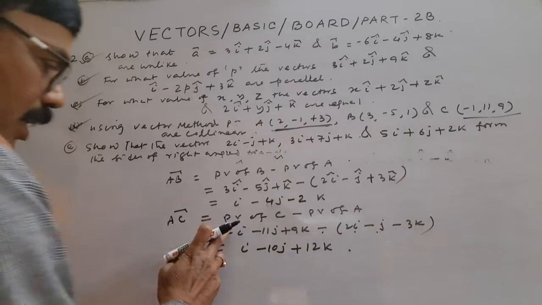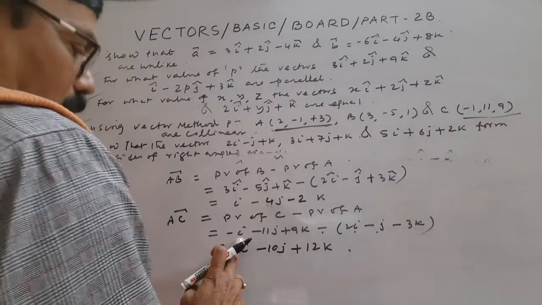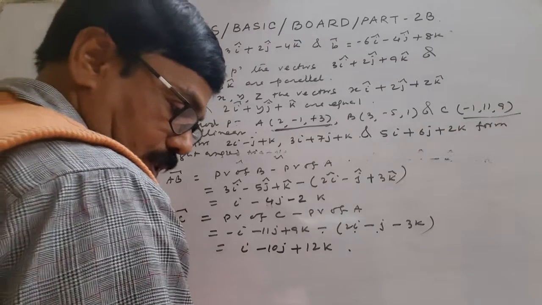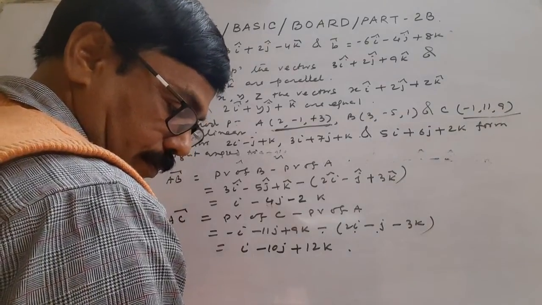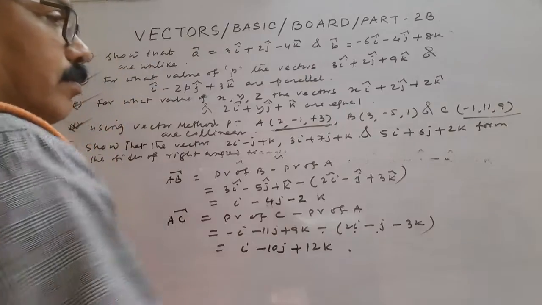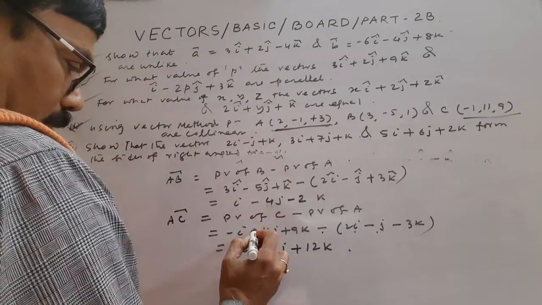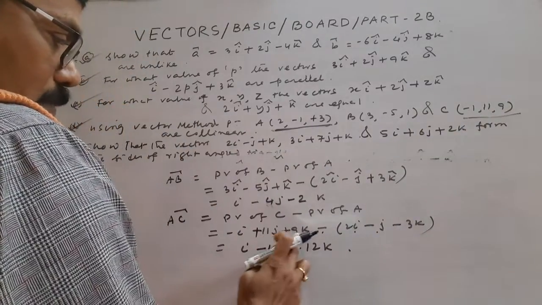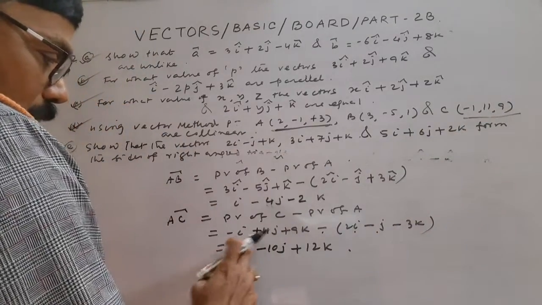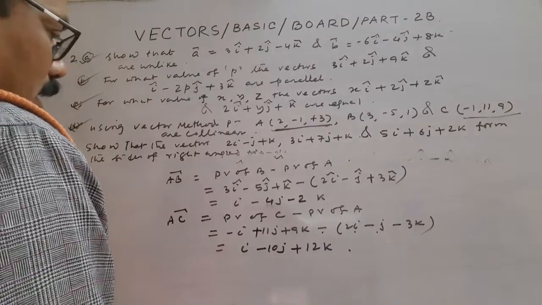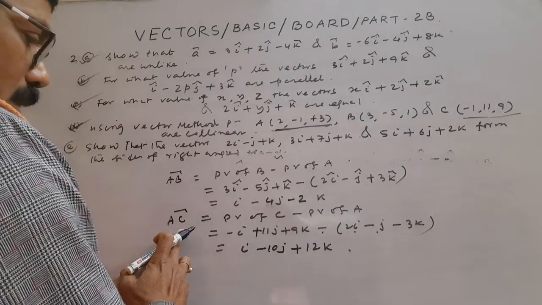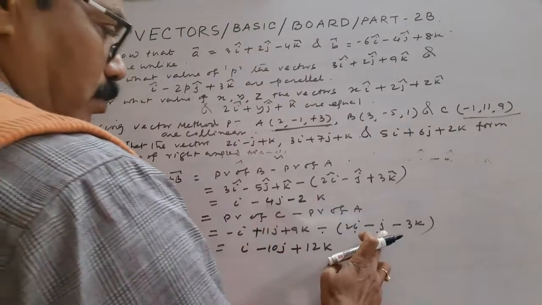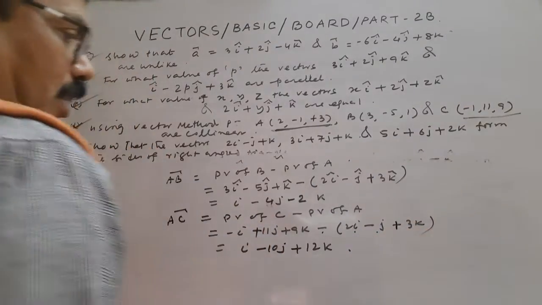Now PV of C: this is plus 11i, minus 11j, plus 9k. And PV of A is 2i minus j plus 3k.